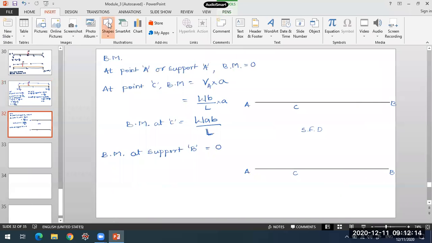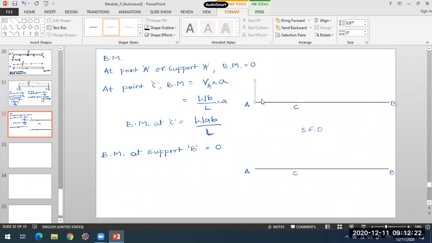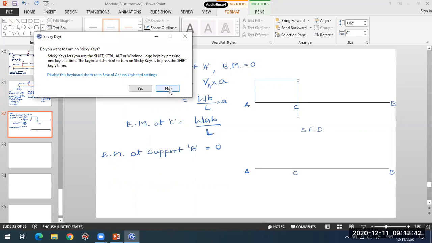So for that purpose, what we have is, so this is W into B by L, okay? And it will be constant till point C. So no change in this value up to point C. Once I cross the concentrated load at point C, it is coming out to be minus W into A by L, okay?